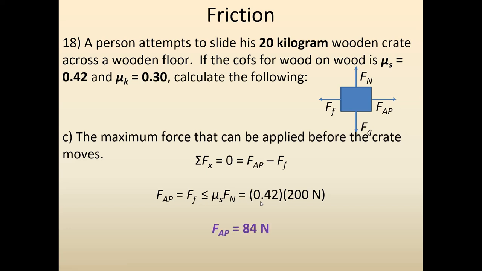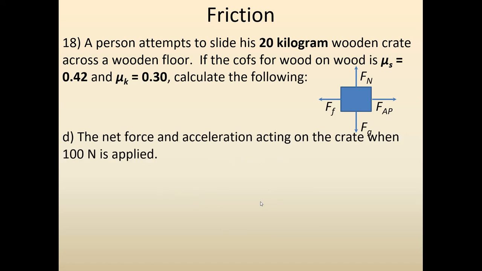So I can apply any force up until 84 newtons, and this box would remain at rest. And the friction will always end up balancing whatever I apply. Once I get past 84, even if it's 84.1, the object will slip and begin to move, and then we'll end up having the kinetic case instead.